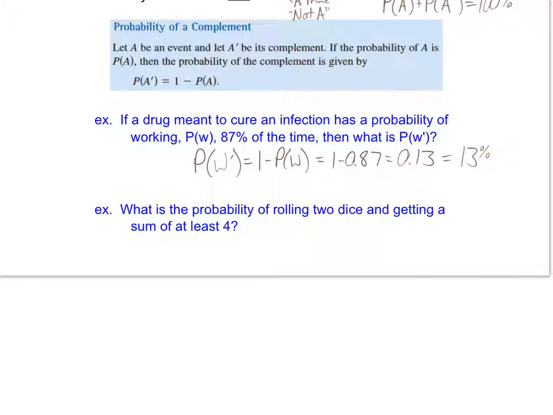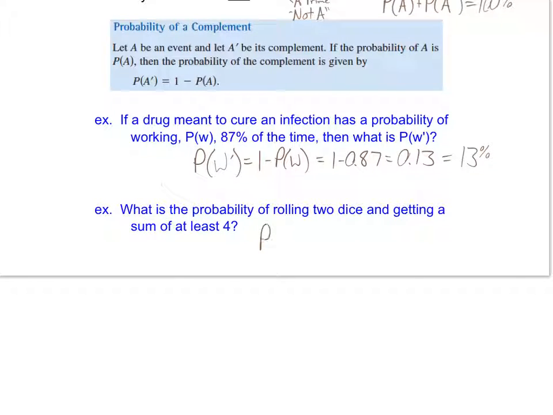Now, here's another one. What's the probability of rolling 2 dice and getting a sum of at least 4? This is where you can save yourself some work. You can only do the ones that are under 4. Think about this.